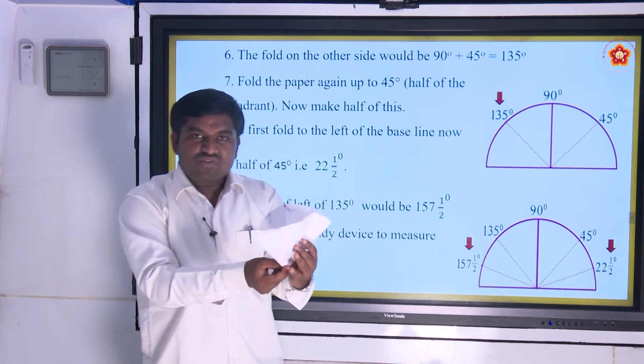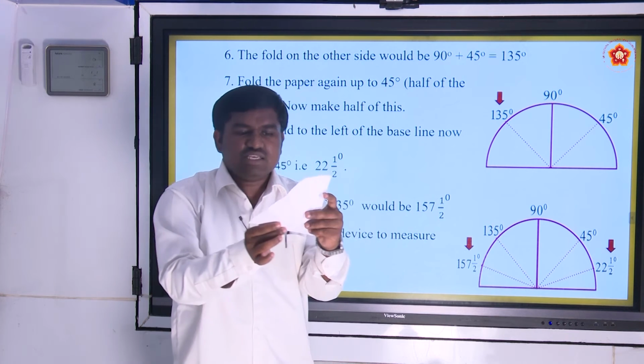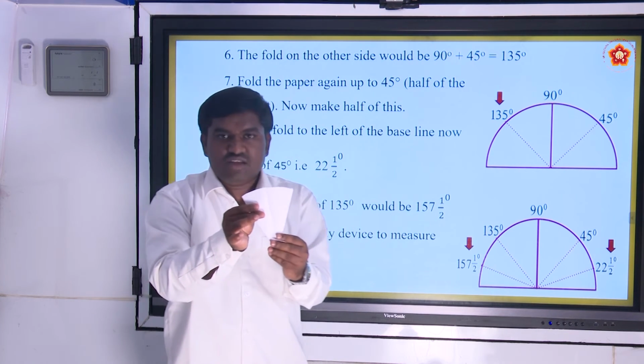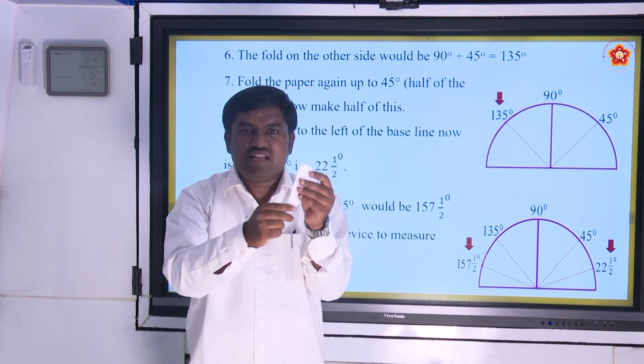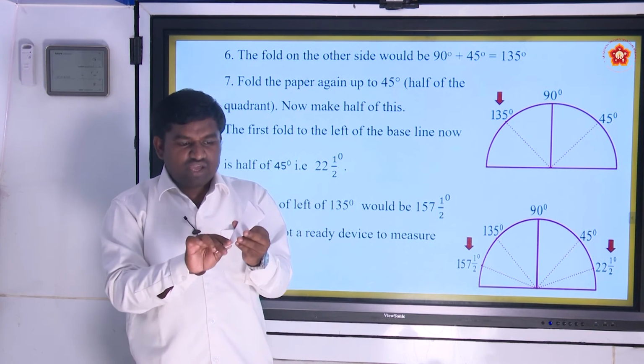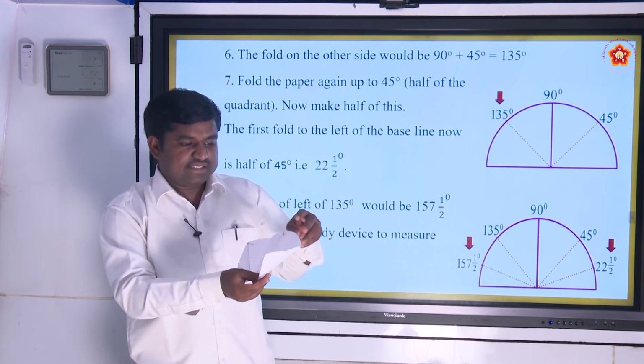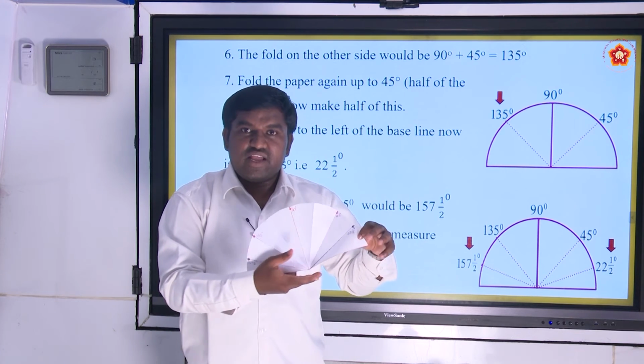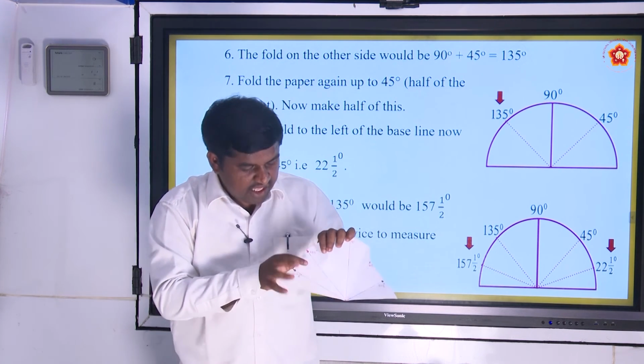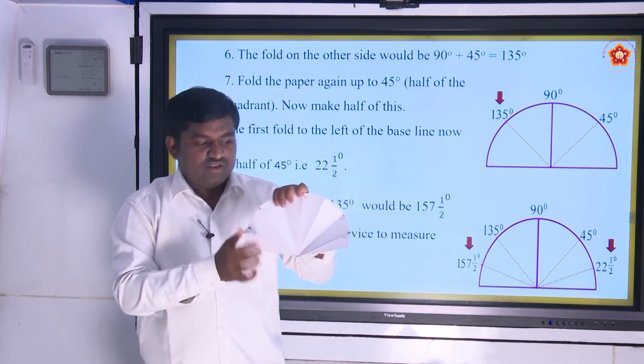Next, again you can fold like this quadrant, then like this. After that you can fold again like this. Then open it. You got two lines below the 45 degree, then after the 135 degree.